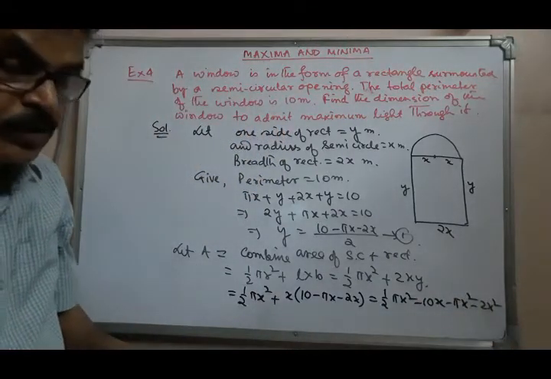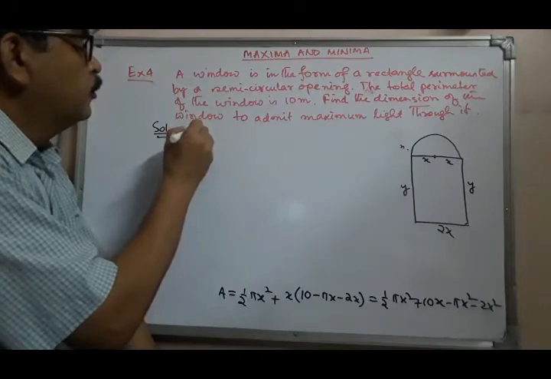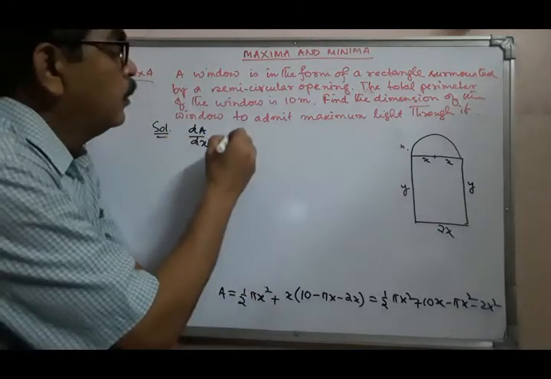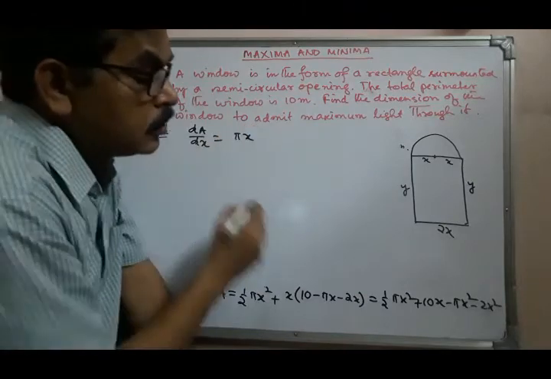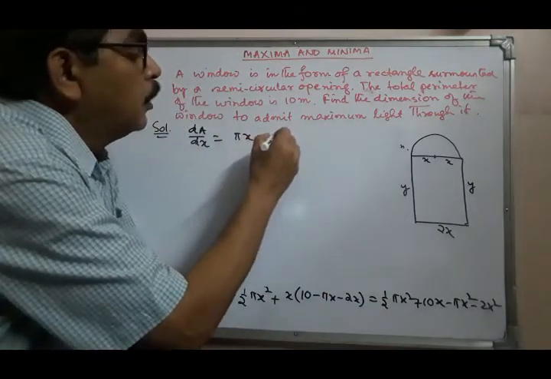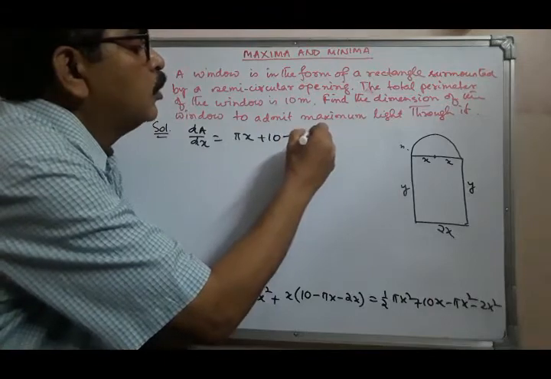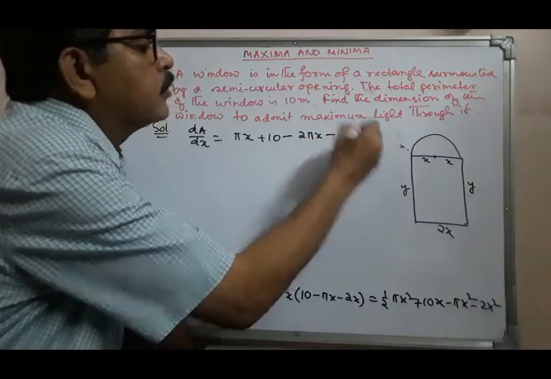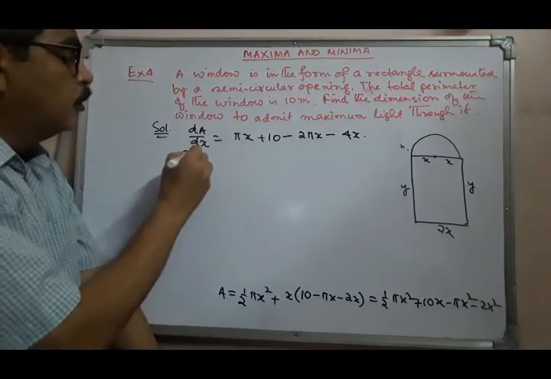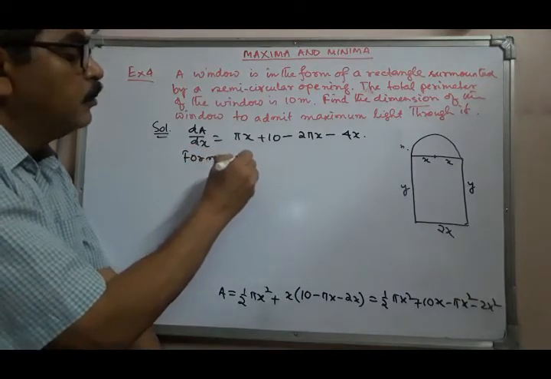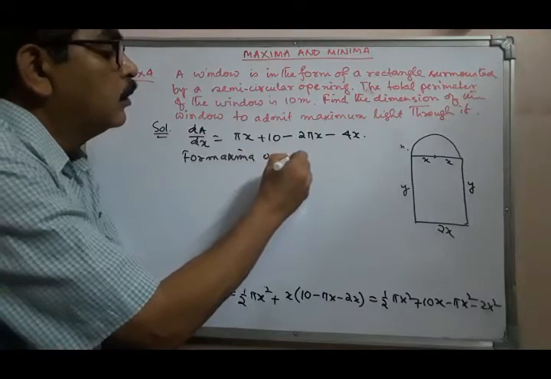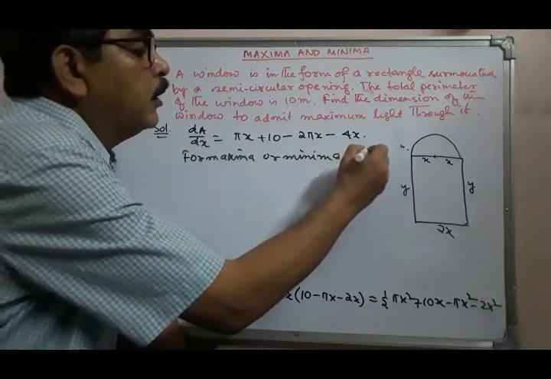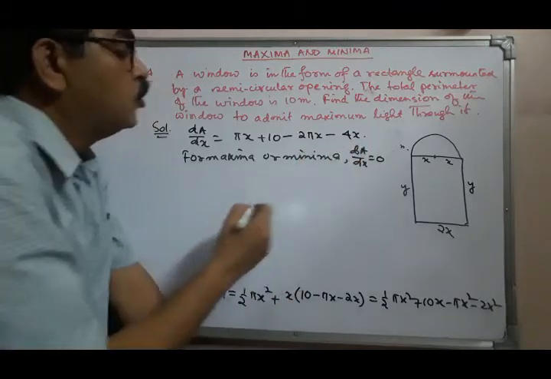So we should differentiate now. Therefore dA by dx equals pi x plus 10 minus 2 pi x minus 4x. For maxima or minima, dA by dx equals 0.